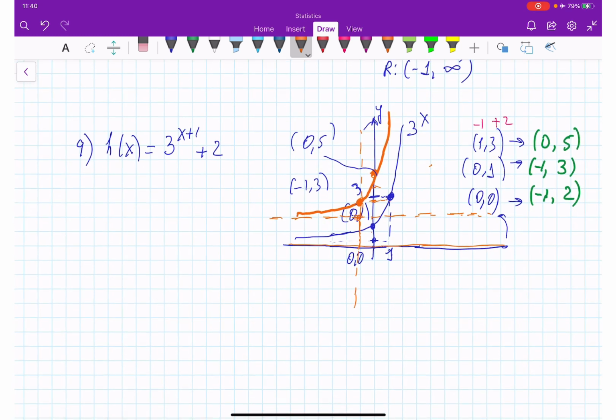So, what do we have from here? We can say that we took this blue exponential function, shifted up by 2, right? 1 and 2. Yes.